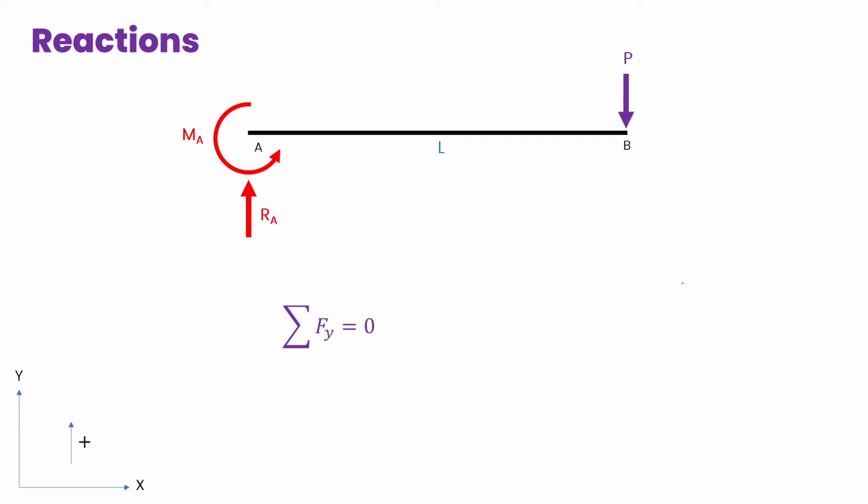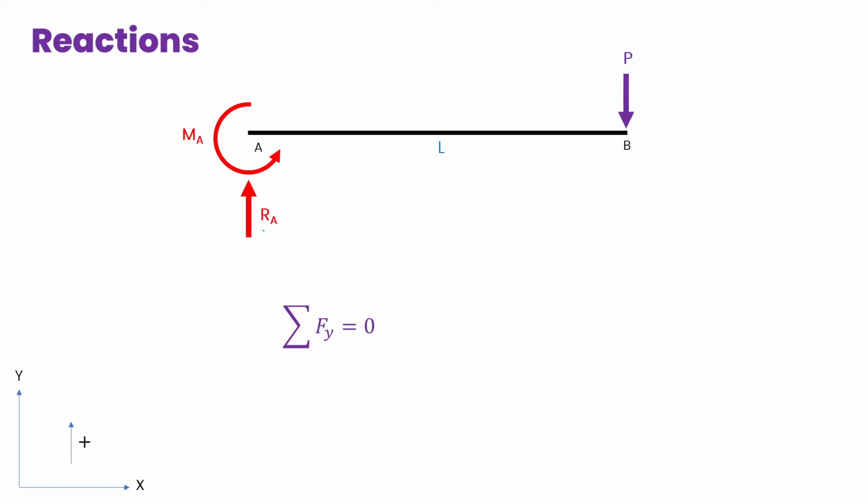Let's start off by first using the equation of Fy equals 0. So whenever we are solving for any forces or summation of any forces, we have to assume our direction conventions. So in this case, I have assumed that all the forces pointing upwards, or in the positive y direction, are going to be positive forces. So let's try and see this free body diagram and let's assess which forces are acting on it.